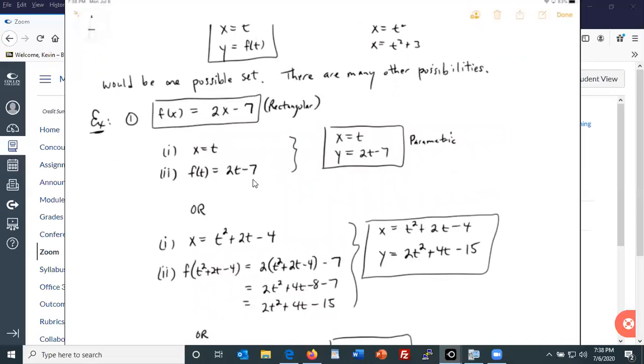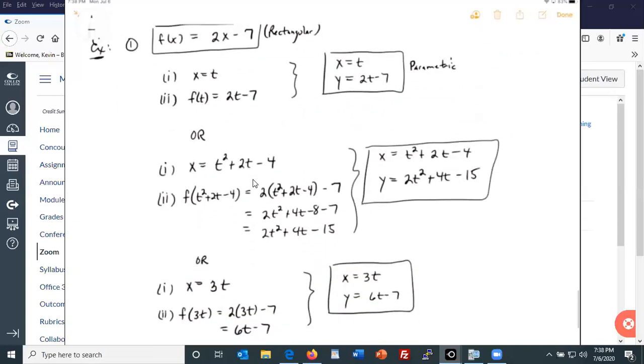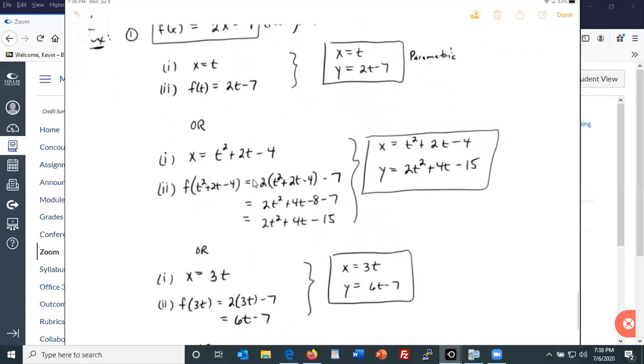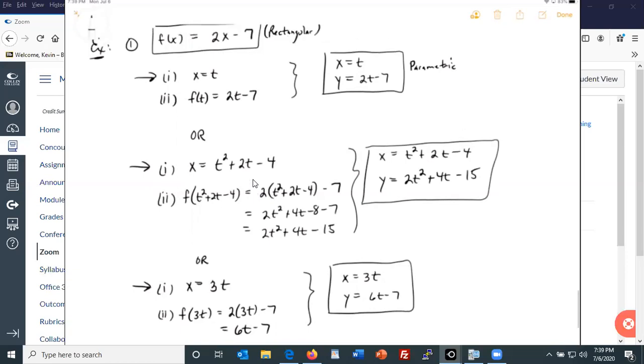And it all depends on what you choose for step 1. So notice I used 3 different choices, and I ended up with 3 different sets of equations. They look totally different. Well, maybe the first and third look similar, but the second one with all the squares looks completely different, but it's still the same f of x.